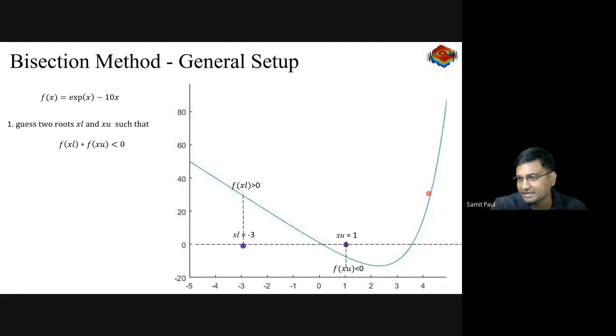If you take, say, one here and another one here, both are positive, so the product of f of XL and f of XU will be positive. Therefore, this is the checking criteria: if function of XL multiplied by function of XU is negative, that means the bracket contains at least one root.